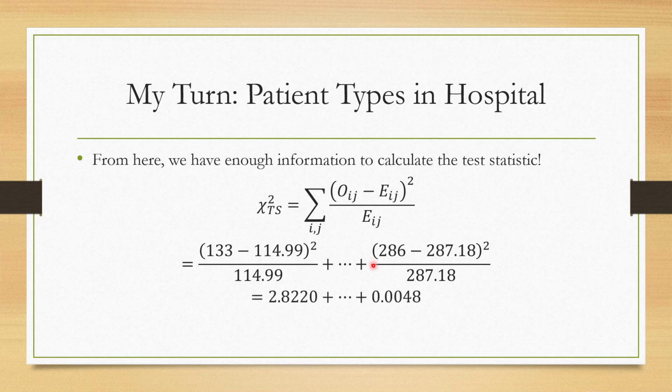Looking at this, again, as we discussed earlier, I can see the components that are contributing more or less to the statistical significance. Here I can see that the one in the top left, we have more patients who are, I believe that this was walk-ins, than we would expect typically in hospital A, and that this is contributing potentially more than any of the other values. So I could look at that if I have all these written out.